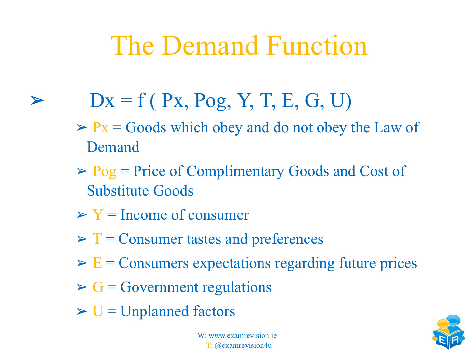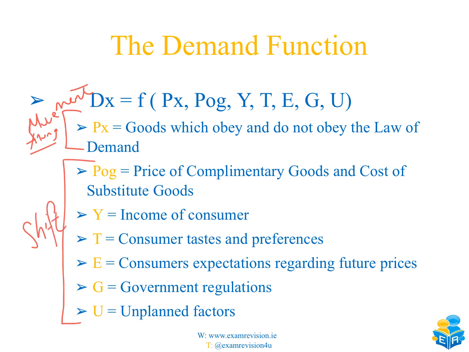And if we simply mark it out here, this on its own causes the movement along the demand curve, whereas all these ones will cause a shift of the demand curve.